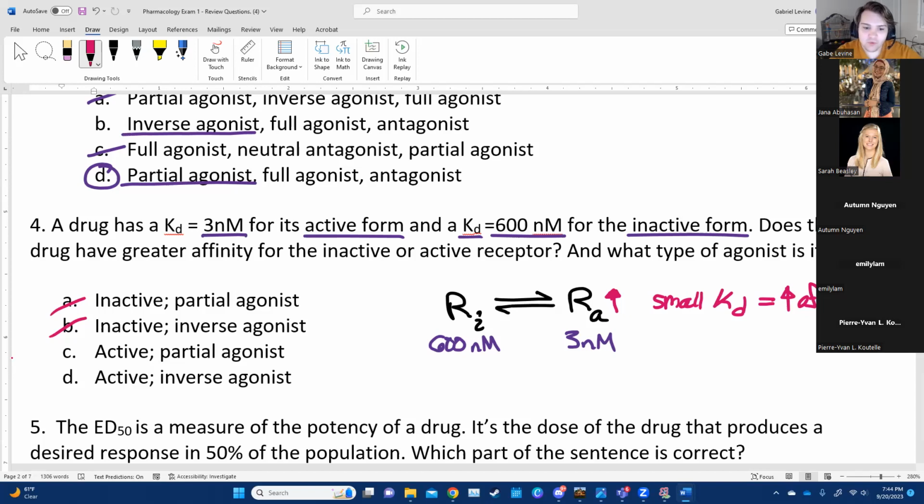And so the question becomes, which form is it going to be increasing the concentration of? So in terms of the ratio between active and inactive, which one is it going to be pushing to have more of? The active form. Right. It's going to be pushing this side to go up and up and up.